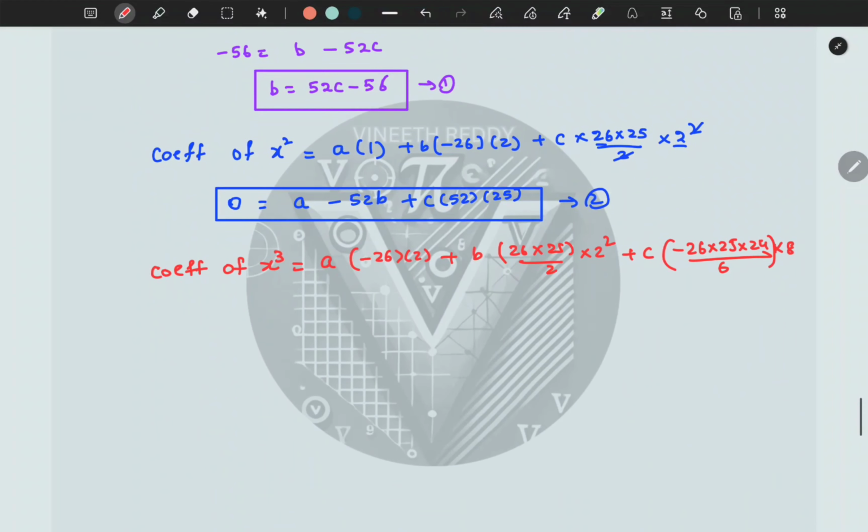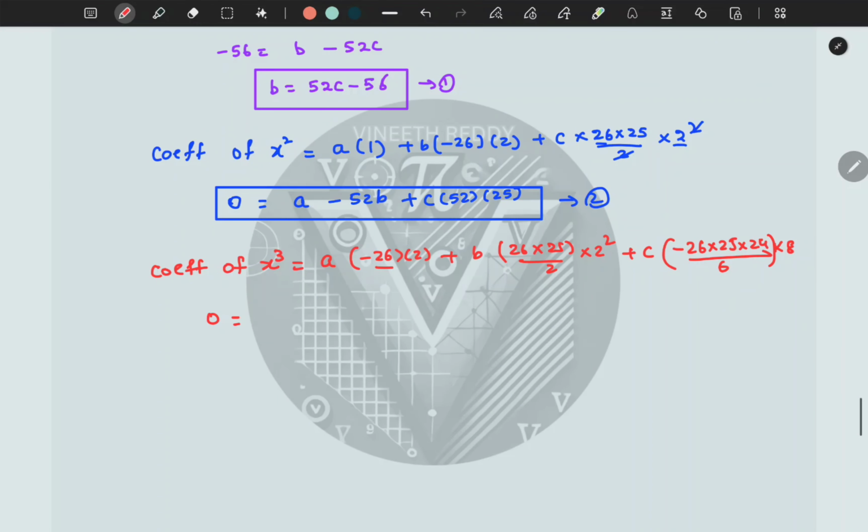So the coefficient of x cube is also 0, dear students. I think we have a 26 throughout the equation, so we can definitely take 26 common. If I take 26 common, we get minus 2a plus, now 25 into 2 will be 50b, and then here I have to take 26 common, no? So 3 times 2, 3 times 8, and 2 times 4, I believe. I think we are right. So we get minus c into 25 into 8 into 4.